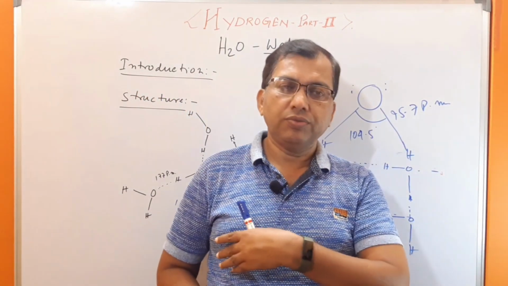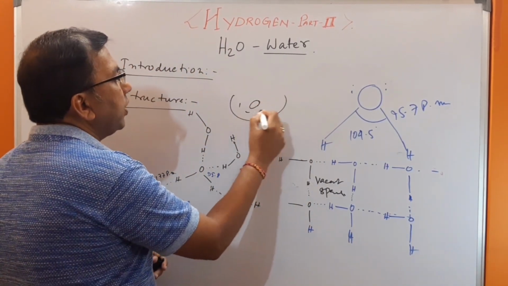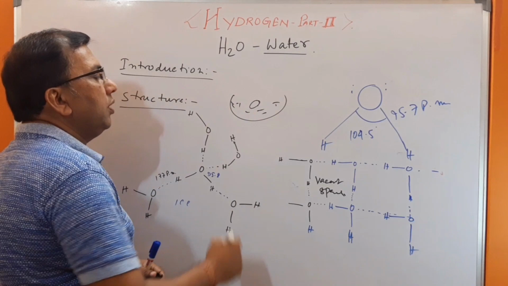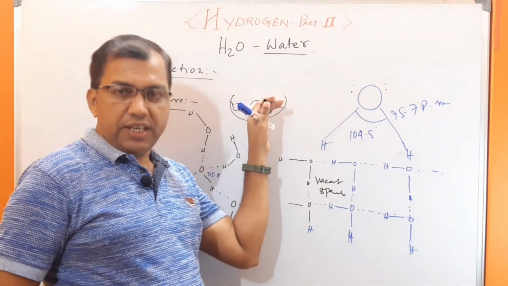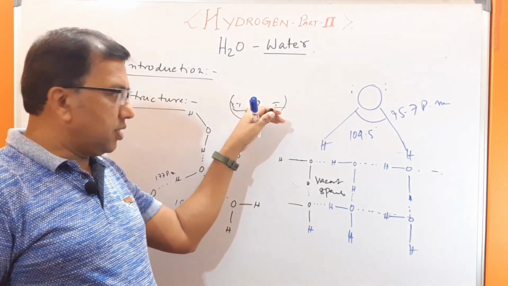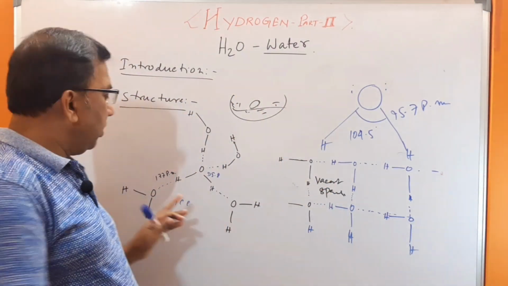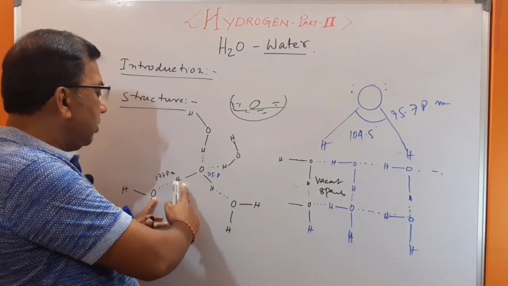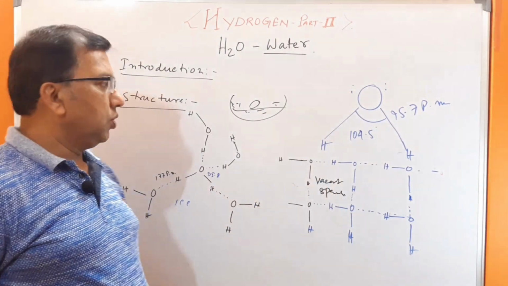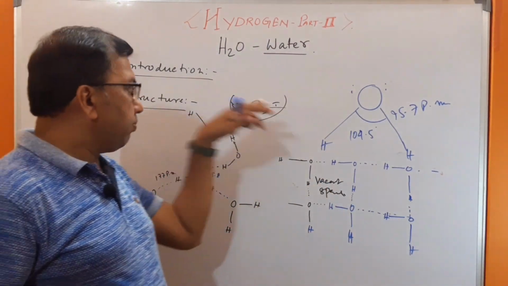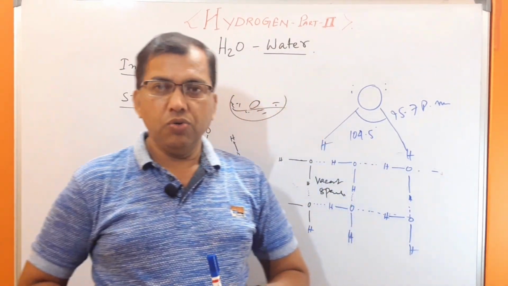Why does ice float on water? The density of ice is lower than the density of water. This length is greater than this length, and this vacant space is there. So this is the explanation of the lower density of ice than that of water.